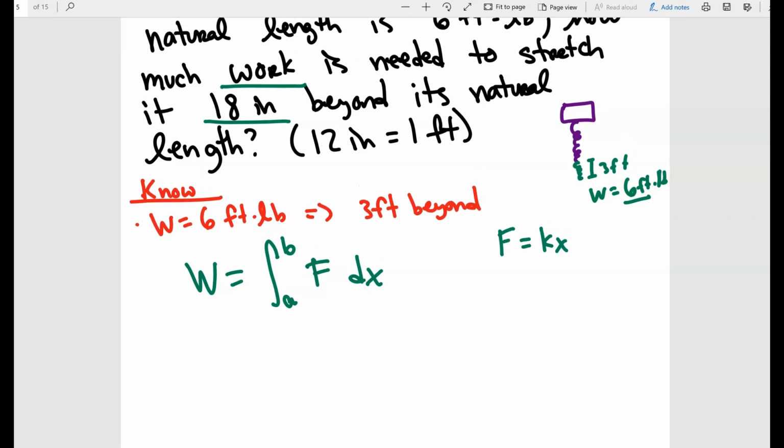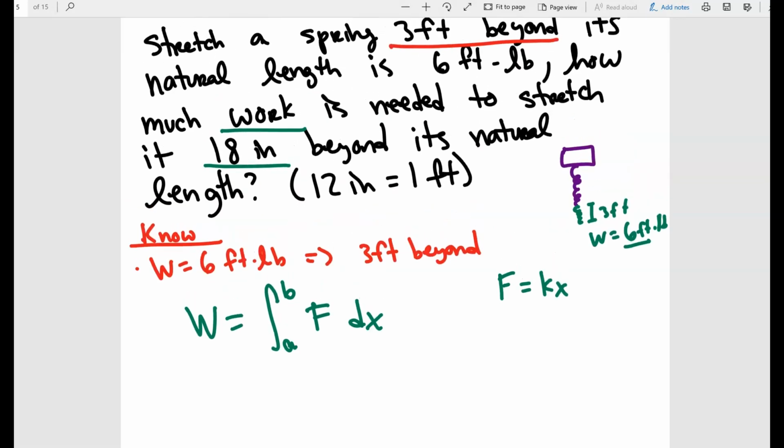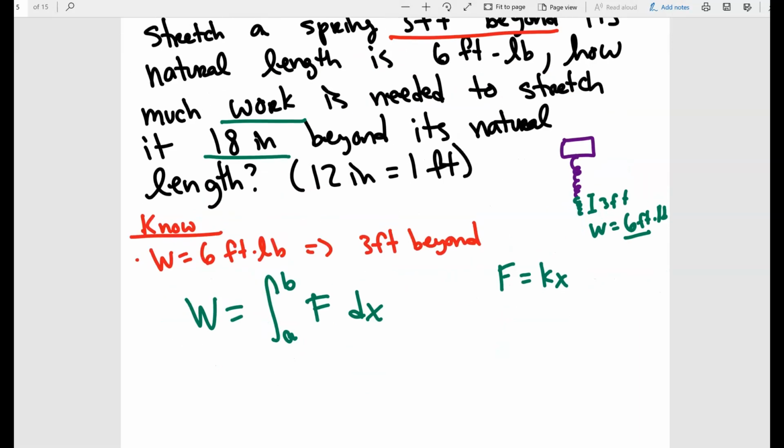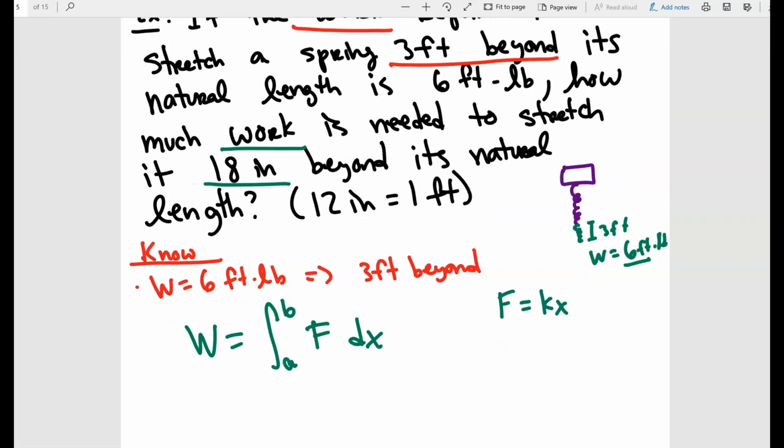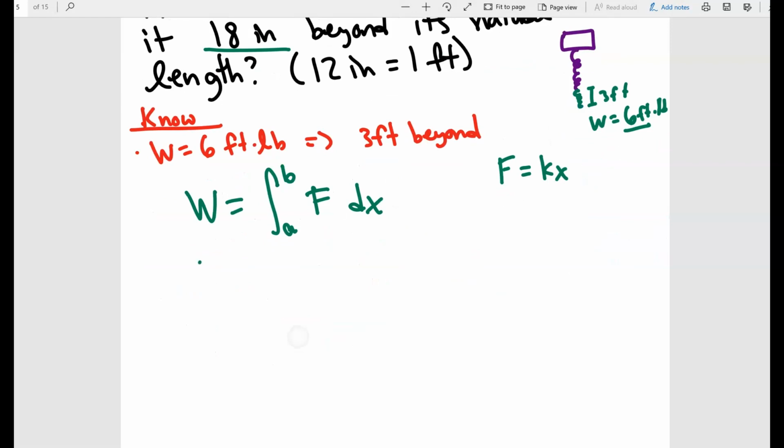We know x in this case is 3, because I'm moving it 3 units beyond its natural length, but I don't know what k is and I don't know what the force is. But I do know what the work is. The work is 6. I know that I am moving it from 0 units all the way to 3 units, so this is going to be from 0 to 3 feet.